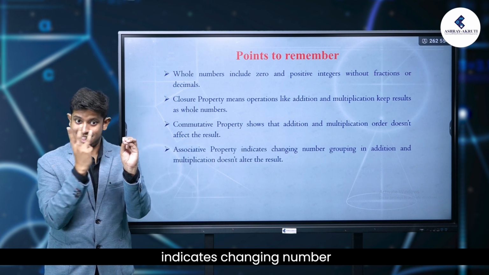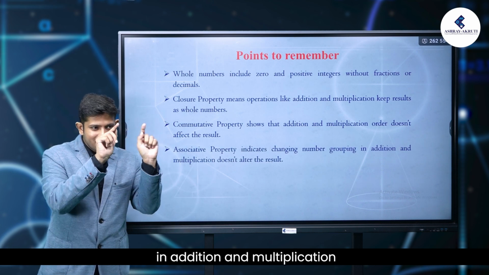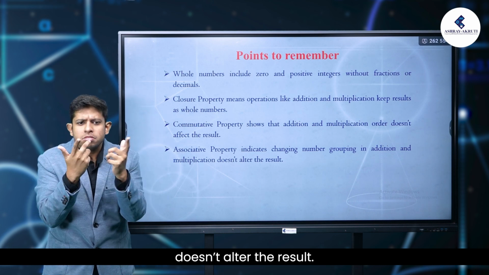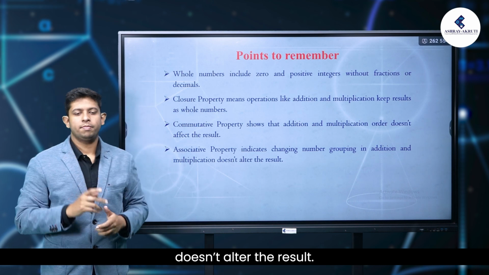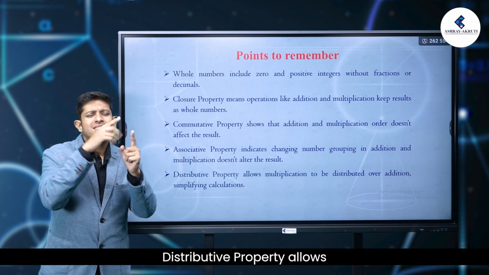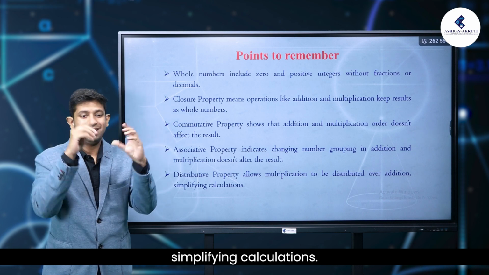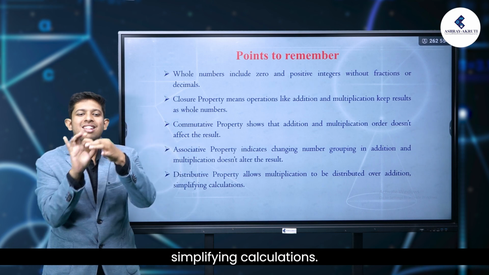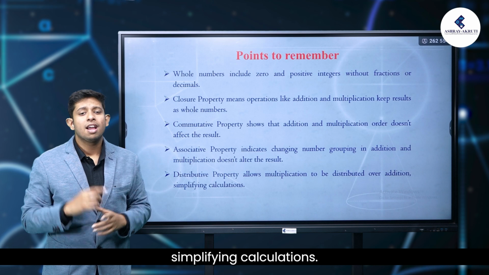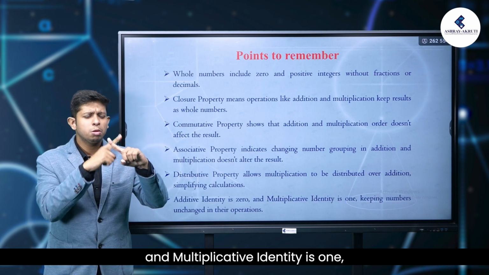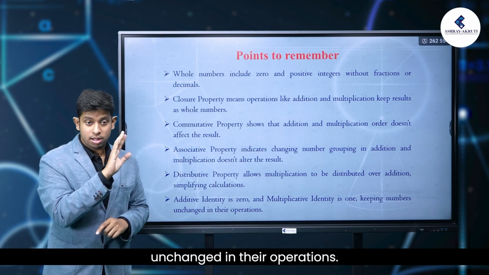Associative property indicates changing the grouping in addition and multiplication doesn't alter the result. Distributive property allows multiplication to be distributed over addition, simplifying calculations. Additive identity is 0 and multiplicative identity is 1, keeping numbers unchanged in their operations.